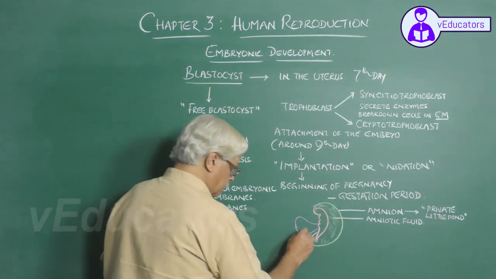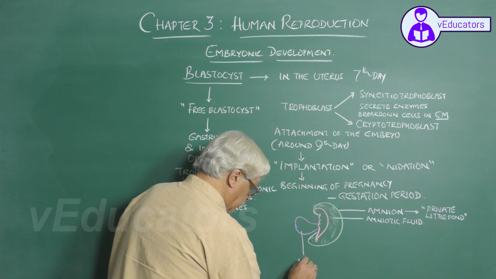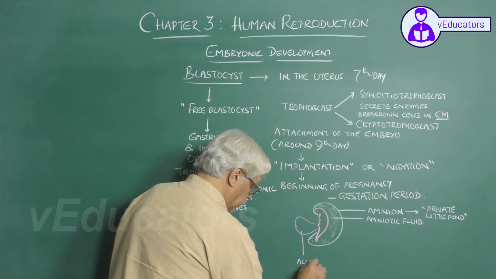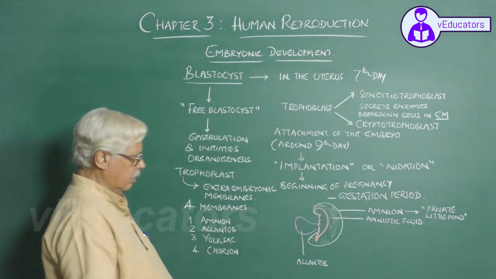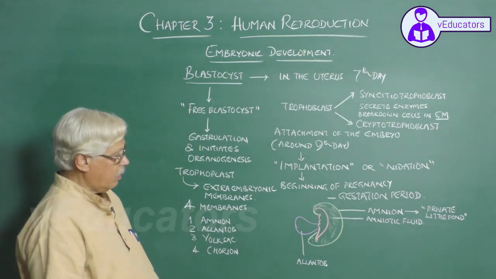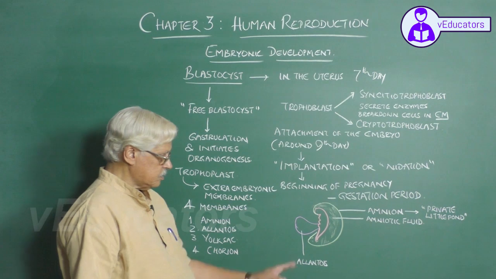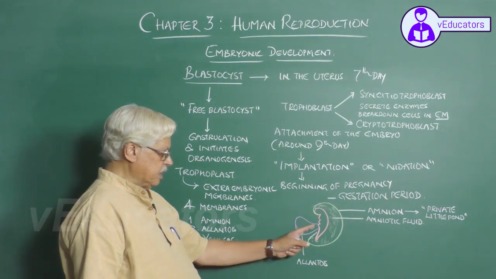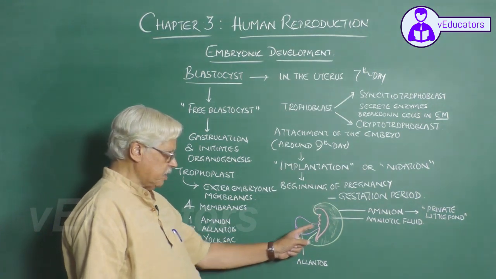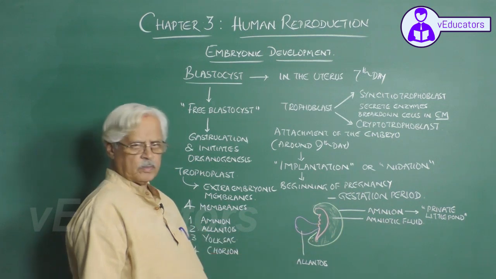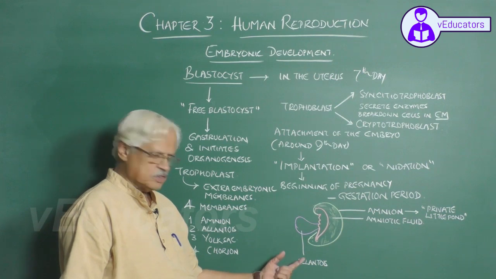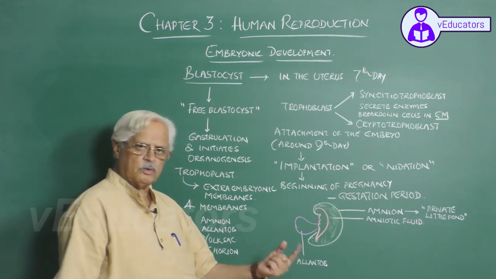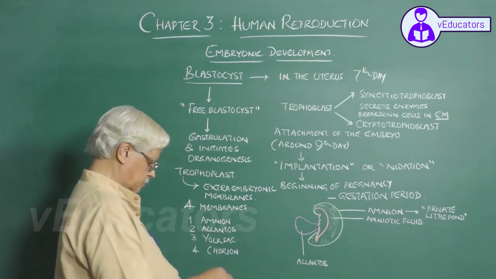This is called allantois. Allantois is primarily meant for storing the metabolic wastes produced from the fetus. For this reason, sometimes it is called the embryonic urinary bladder.